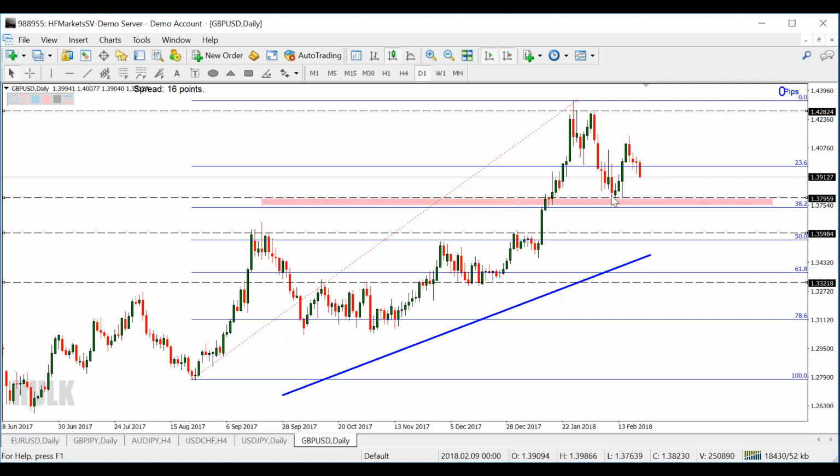Because why? Support, resistance, and then 38.2. Ini pun is a good support and resistance. Because why? Because the Fibonacci level and the support resistance level lebih kurang sama.